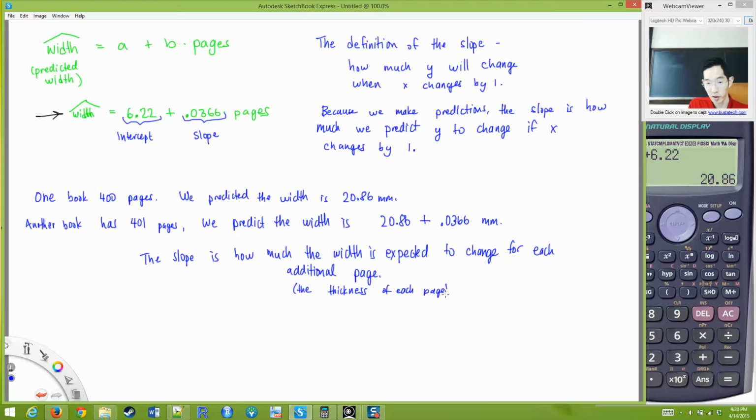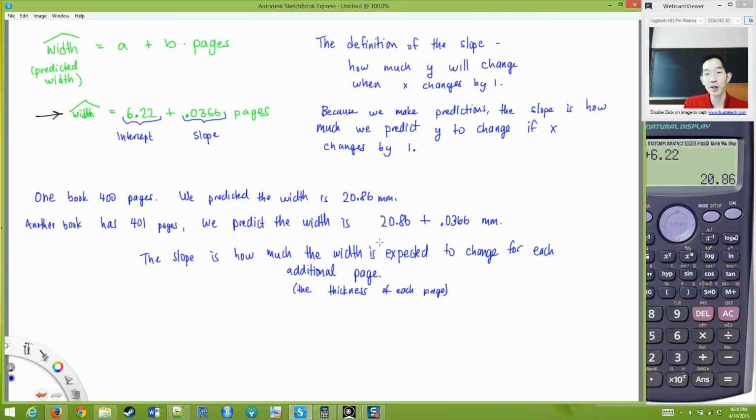But if you just think of it as the slope is how much the width is expected to change for each additional page, I'm perfectly satisfied with that interpretation. Or if you say the thickness of each page, that's also great. Does that make sense? Yes. I know you got it, but I also want to make sure the rest of the class has it. Okay?